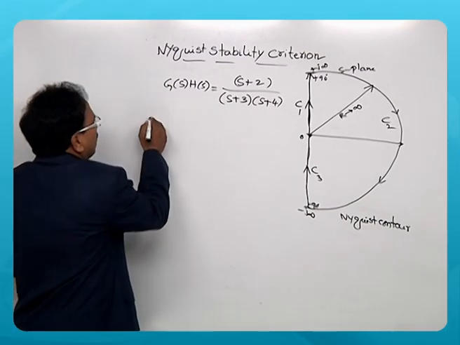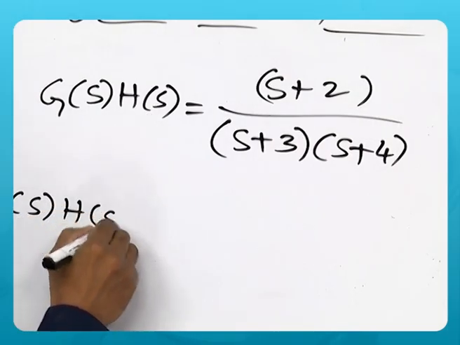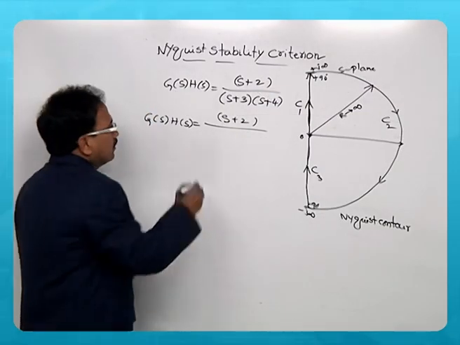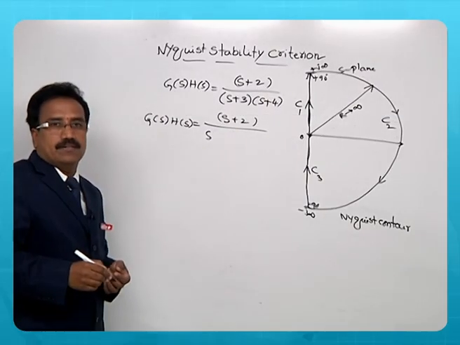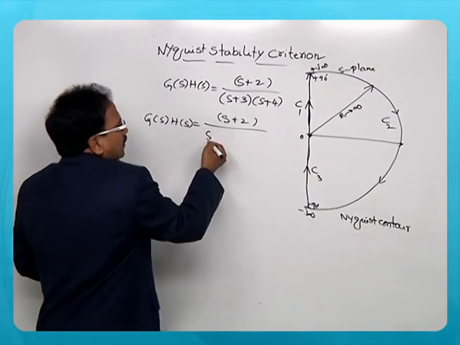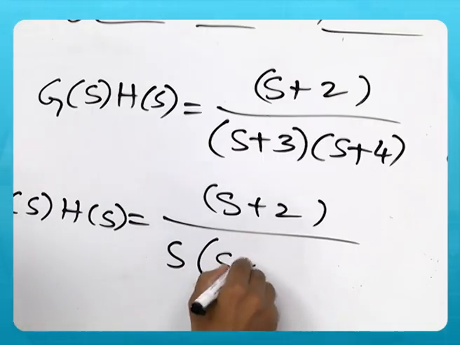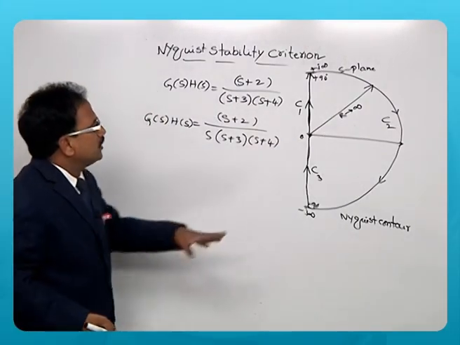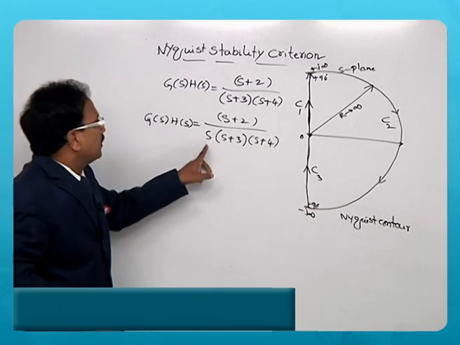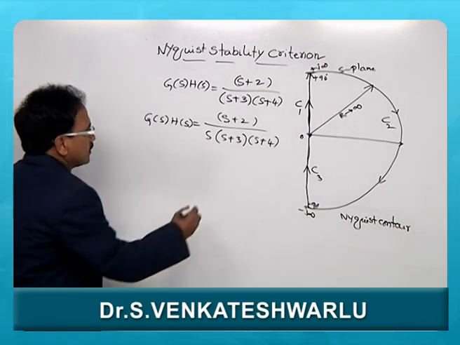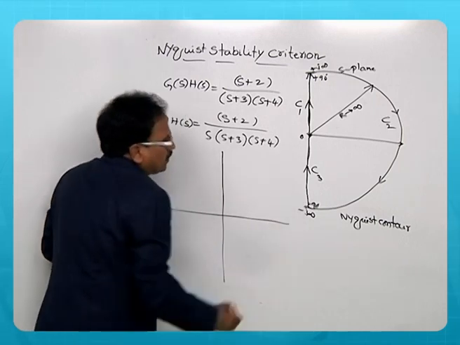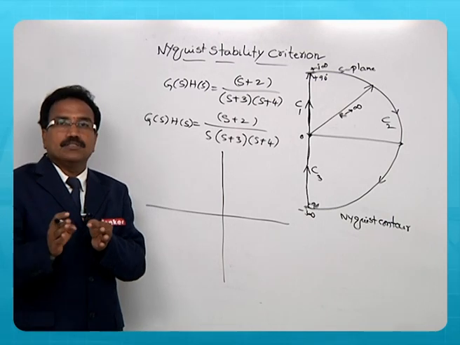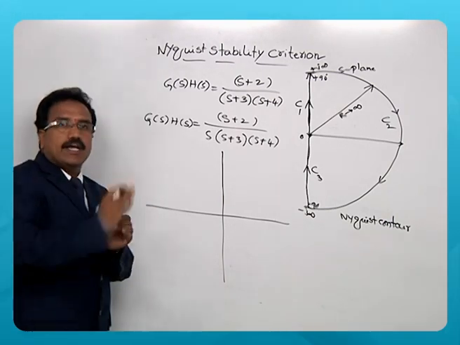For example, suppose G of S into H of S is given by a function, but there is a pole at origin. When you compare to the previous one, there is a pole at origin now. So the Nyquist contour is not valid as it is when you have a pole at origin. The Nyquist contour aims to cover the entire right half of the plane and the imaginary axis.